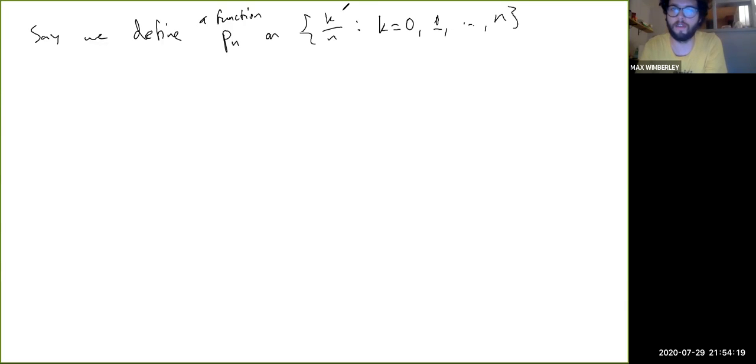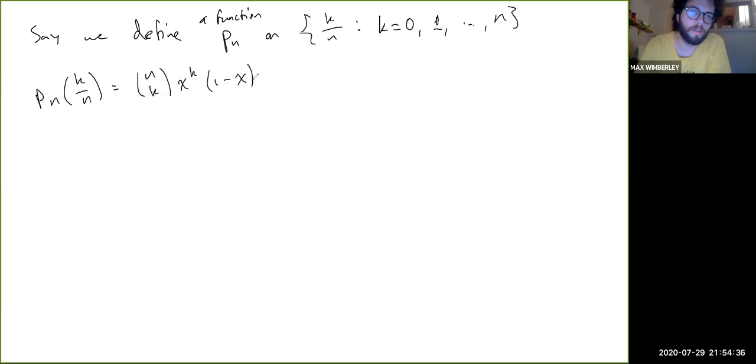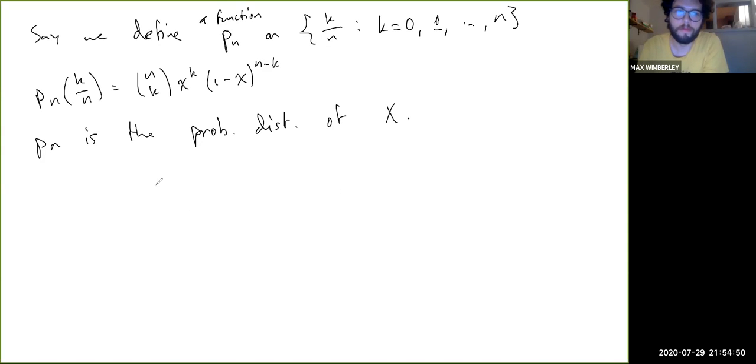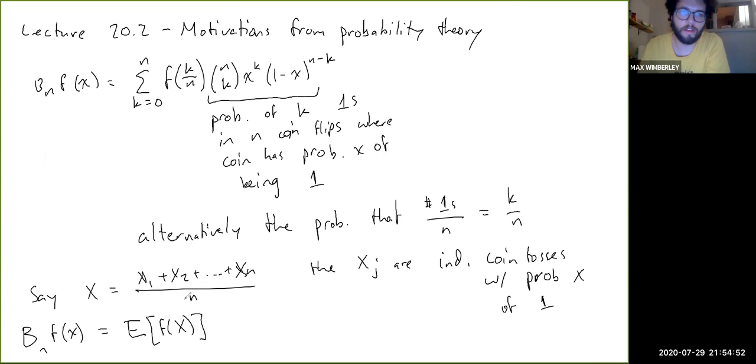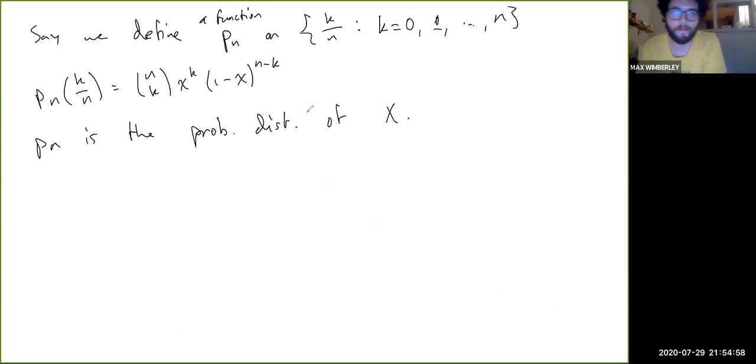So Pn just takes values on this finite set, and we define it by Pn of k over n equals n choose k, x to the k, 1 minus x to the n minus k. So Pn is the probability distribution of X, where X is the average of these independent coin toss variables.